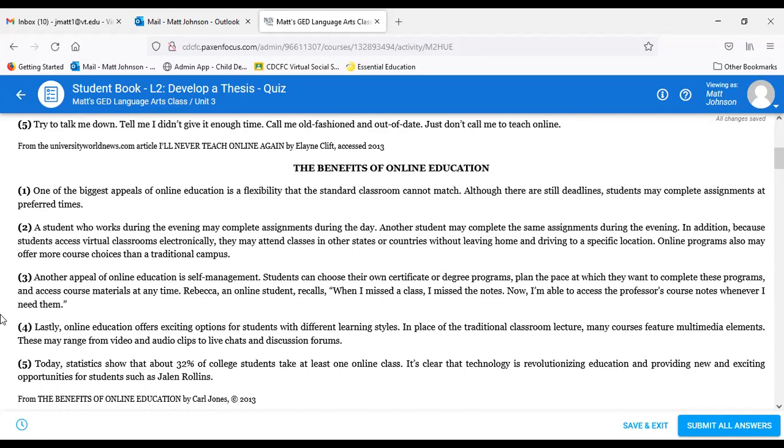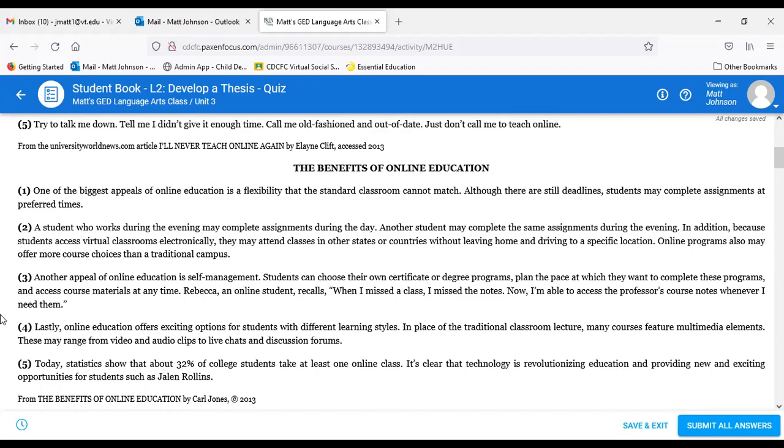So what evidence does he present there? Students can take at least one online class. No, that's wrapping up. That's kind of a bandwagon statement, and more about his conclusion. But if we look again at that fourth paragraph, so lastly, online education offers exciting options, right? Which was our third reason.